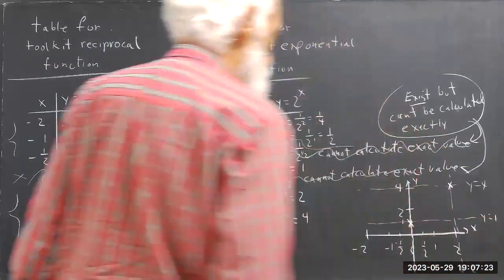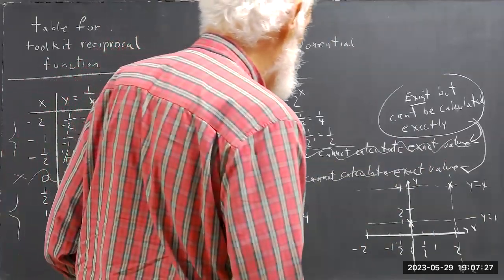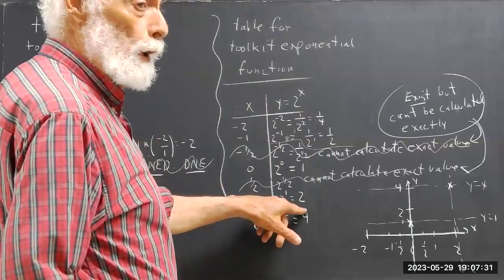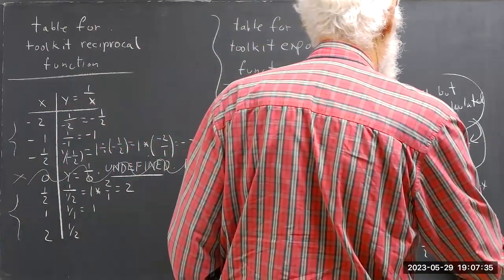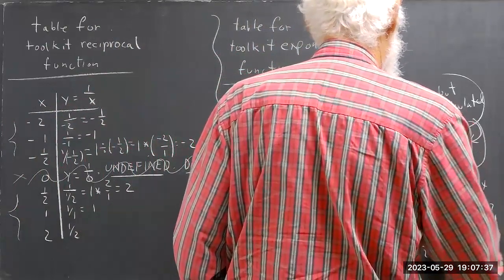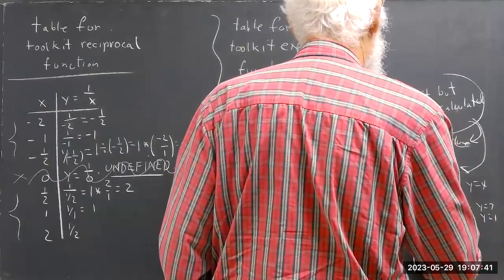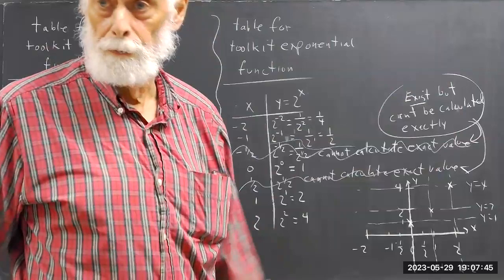And there's where the 2 lines cross. So this is a point on the graph. When x is 1, y equals 2. Well, okay, so here's y equals 2. Here's x equals 1, and right there's the point where x is 1 and y equals 2. There's 3 points on the graph.